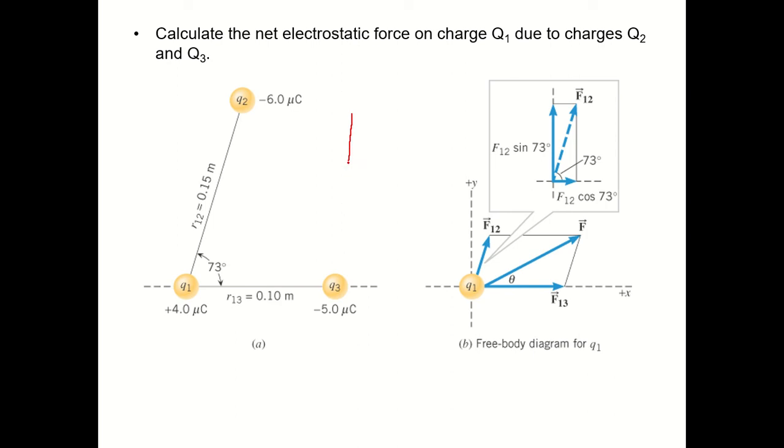If you have this, we can form here a triangle. Okay, so this is 73 degrees. To get this one, which is equivalent to this one here, it's just the vertical component of this.